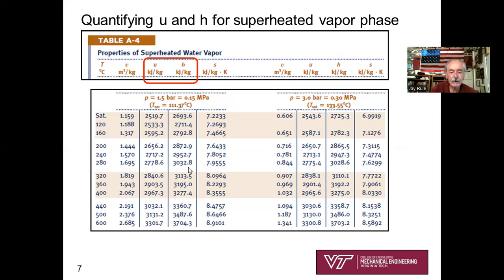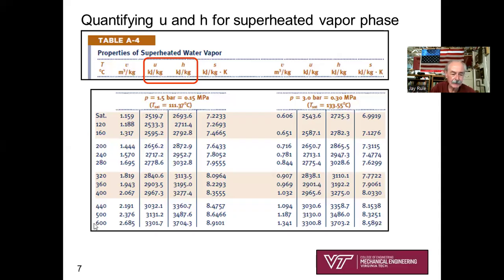Do you see that there are sort of blocks of tables listed within the superheated phase? Notice here that they're arranged by blocks by pressures. So here is a block of pressures, 1.5 bar, 150 kPa. Here's a block of data for the pressure 3 bar or 300 kPa.